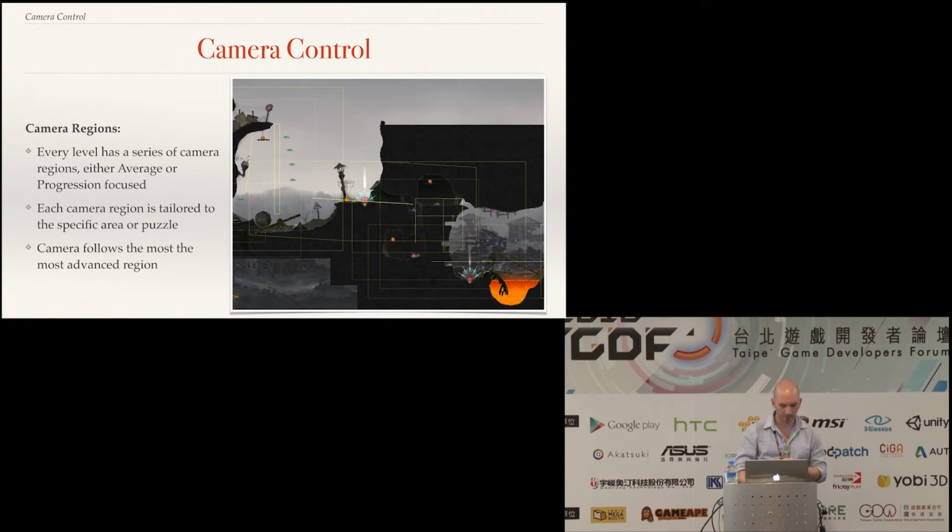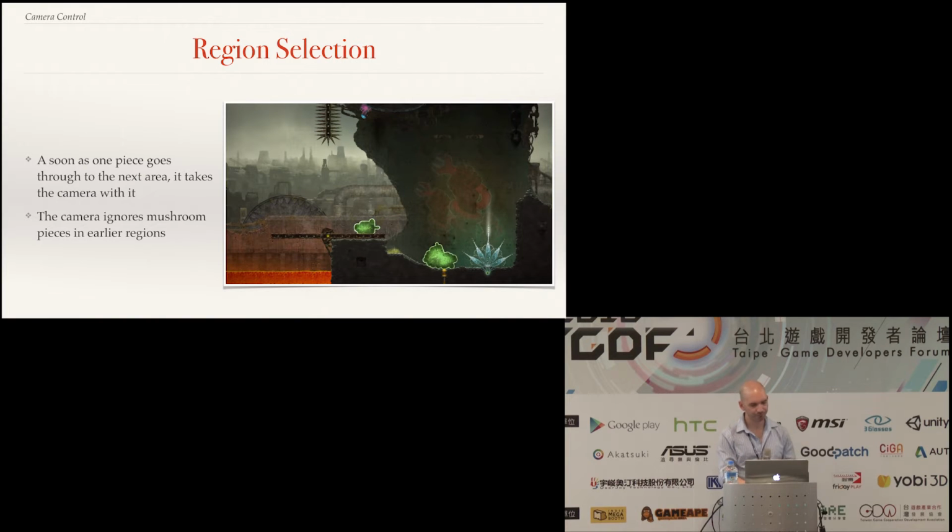Each camera region is tailored to the nature of that area of the puzzle. And the camera always follows the most advanced region. As soon as one piece goes through to the next level, it will completely ignore the previous regions.